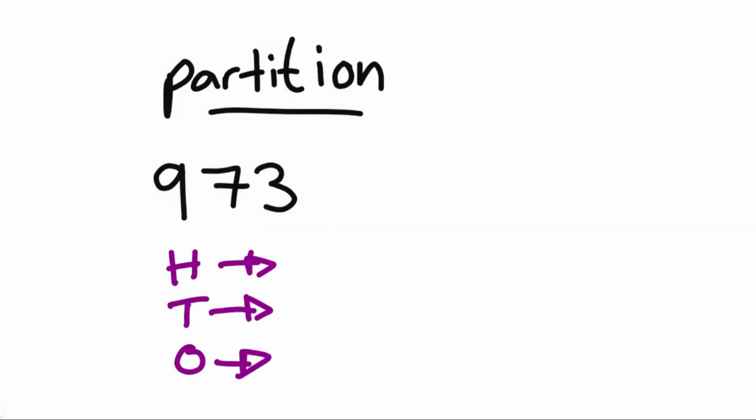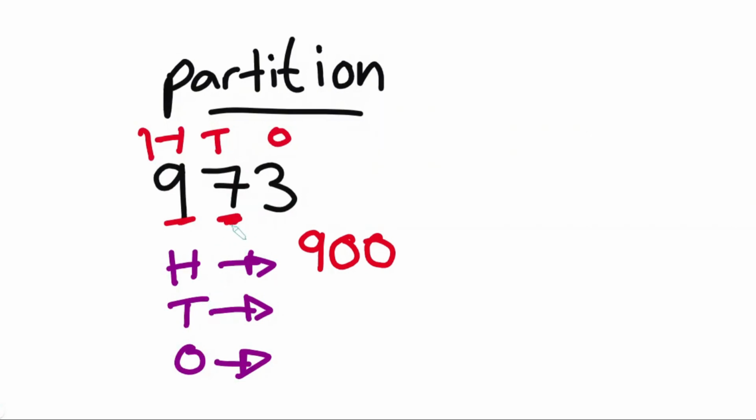Now, we know from our previous learning that this is the hundreds column, this is the tens column, and this is the ones column. So how many hundreds in the hundreds column? We have 900s, and of course we write 900, 9, 0, 0. So there's 900 in the hundreds column.